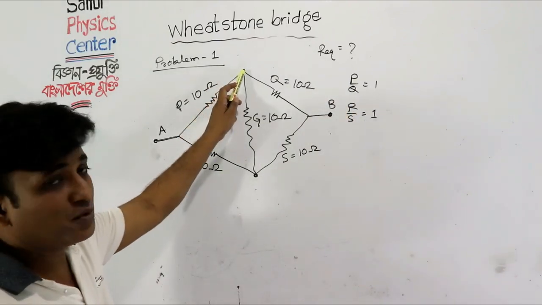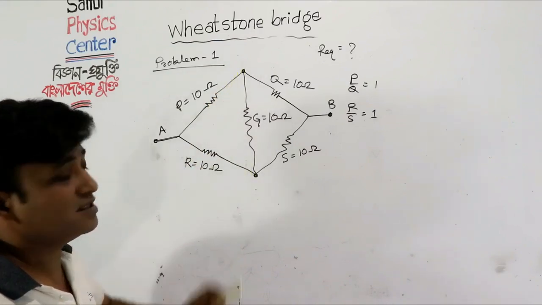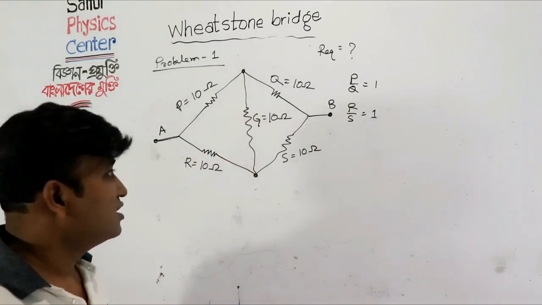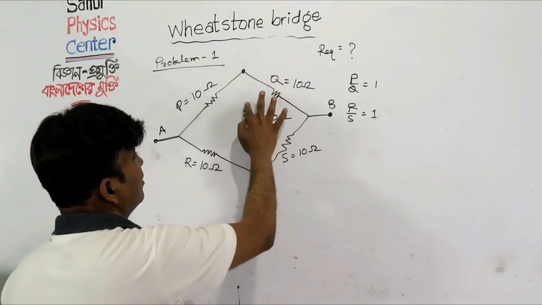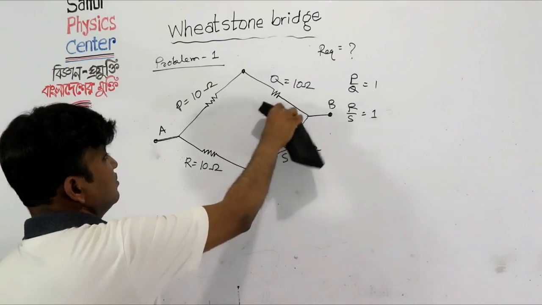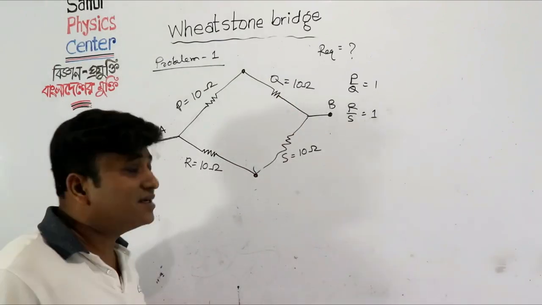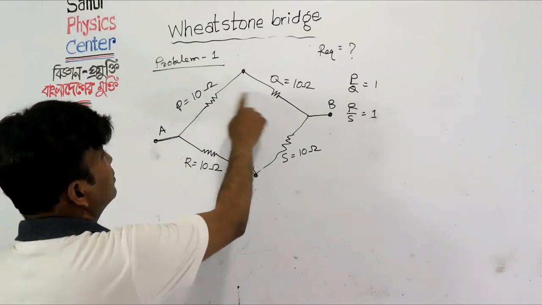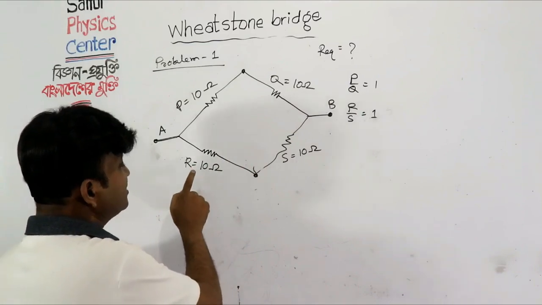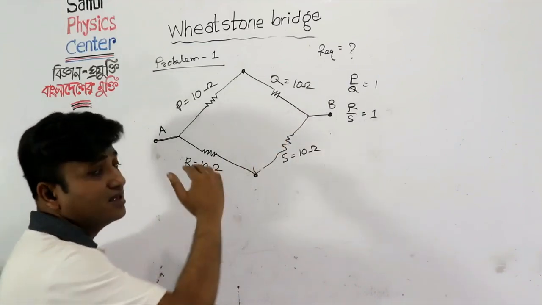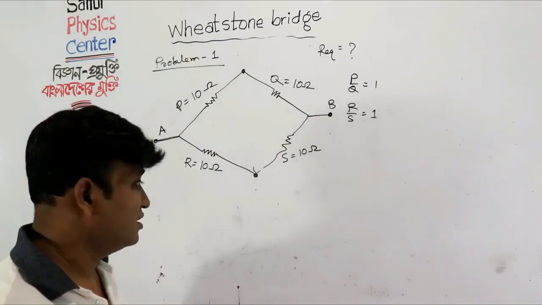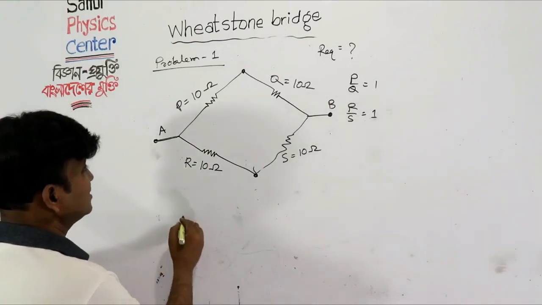As the potential at this point and this point is the same, there will be no current flow through this resistance. So we can neglect or remove this resistance. Then it is clear from this circuit that P and Q are connected in series. Again, the resistances R and S are connected in series, and they are both connected in parallel to each other. So we can rearrange this circuit.